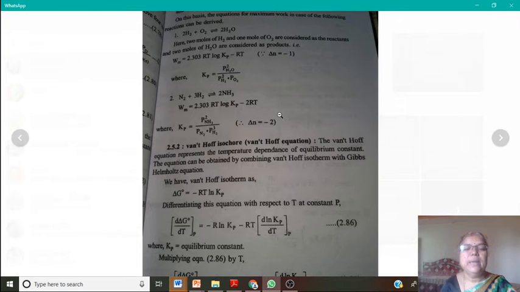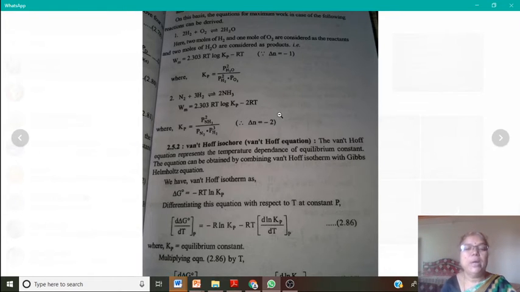The equation can be obtained by combining the van't Hoff isotherm with the Gibbs-Helmholtz equation. I repeat, the van't Hoff isochore represents the temperature dependence of the equilibrium constant, and this equation can be obtained by combining the van't Hoff isotherm with the Gibbs-Helmholtz equation.